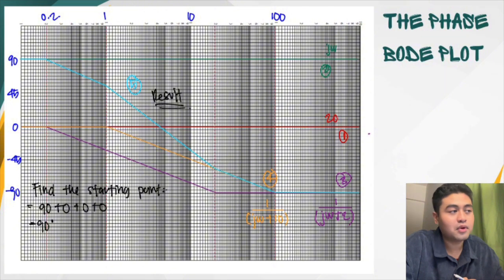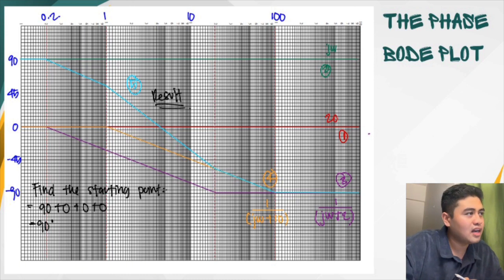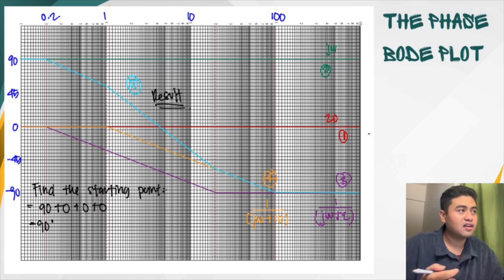What we need to do is sum up, which is negative 90 plus negative 90. We get negative 180. So you need to tone down the graph. That's why you can see the difference between the line in the region between 0.2 and 1 and the slope down between 1 until 20, because the angle is different.